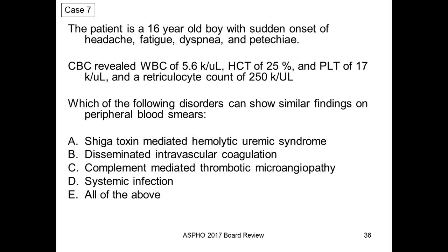He was anemic and thrombocytopenic and had an elevated reticulocyte count. Which of the following disorders can show similar findings on peripheral blood smears? A, Shiga-toxin-mediated HUS. B, disseminated intravascular coagulation. C, complement-mediated thrombotic microangiopathy. D, systemic infection. Or E, all of the above.